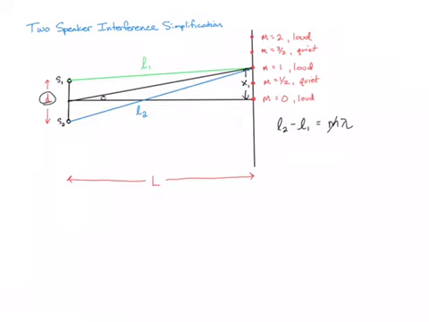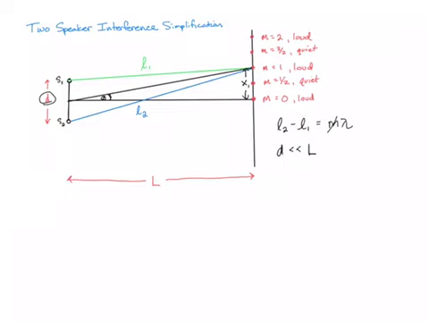And then I'm going to label this angle right here between that central line and the line going up to M equals 1, theta. And so then remember, what we want to do is we're looking for the difference between L1 and L2. Now this trick only works if D is much, much smaller than L. But if D is much, much smaller than L, then essentially that black line that I just drew between L1 and L2, L1 and L2 are very, very close to parallel.